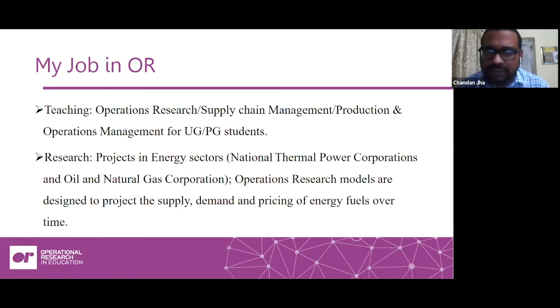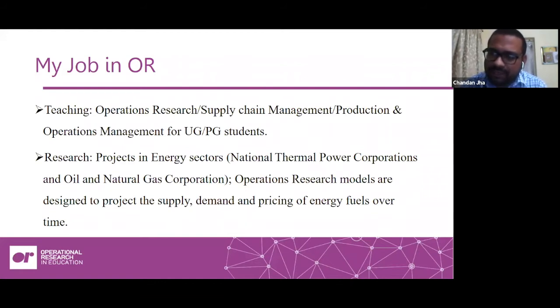In research, I did projects in energy sectors like National Thermal Power Corporation and Oil and Natural Gas Corporation. These operations research models are designed to project the supply, demand, and pricing of energy fuels over time. If you see the price of petrochemical products, the demands are fluctuating and highly uncertain.